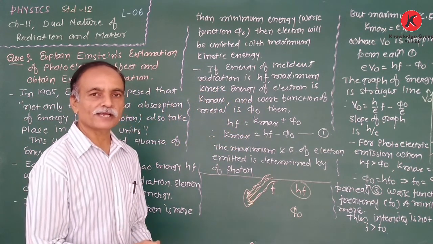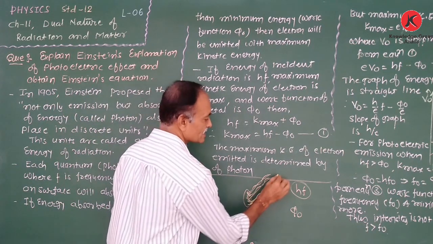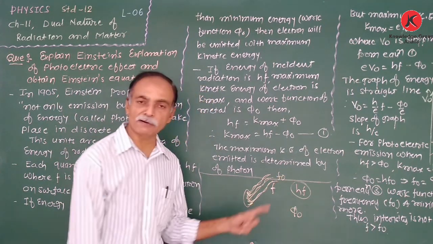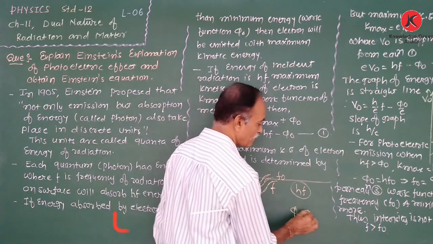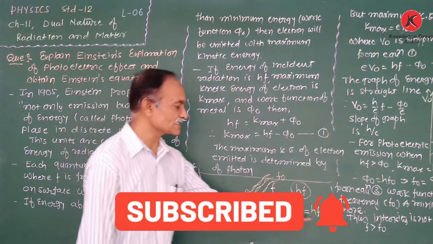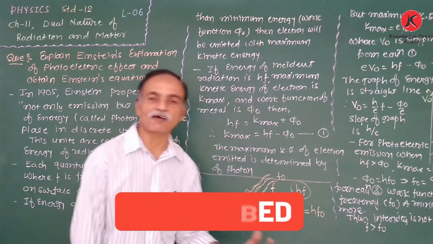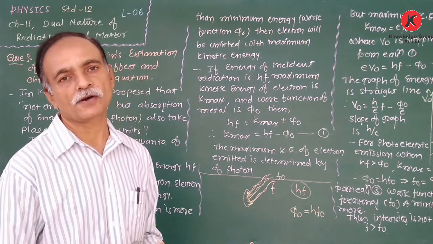According to the photoelectric effect, at the minimum frequency f0 of incident radiation, the work function phi 0 is equal to hf0. So that much minimum energy is required for an electron to escape from the surface of the metal.